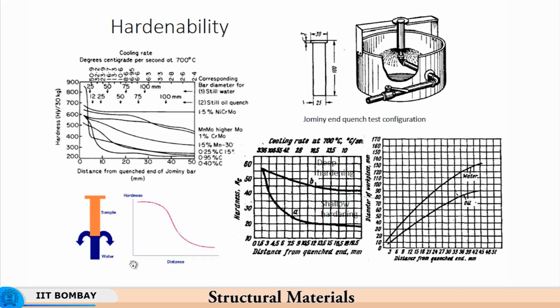If you were to impinge brine onto this, the cooling rate will be very rapid and the hardness extremely high. Even towards this side, the cooling rate felt will be much higher. So, heat will be extracted much more rapidly, and the maximum diameter of the bar which could be quenched in brine will be that much higher.